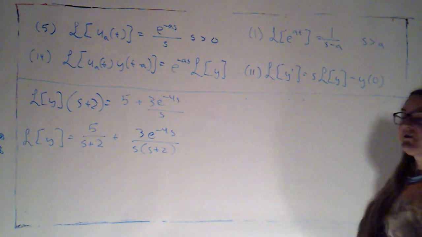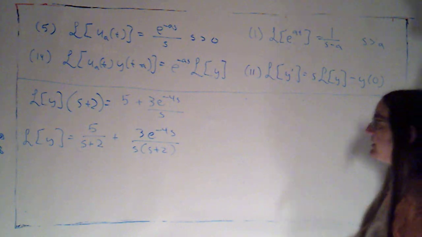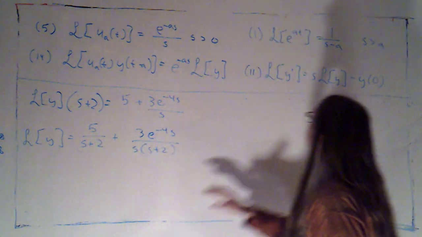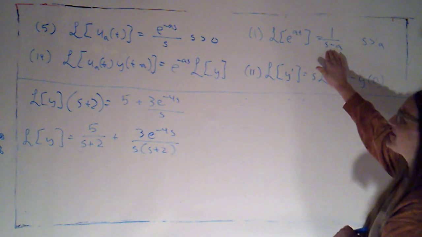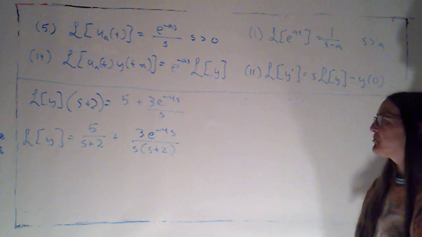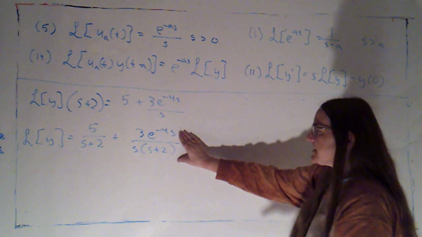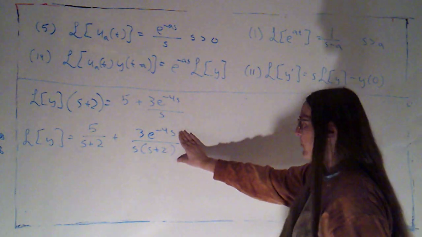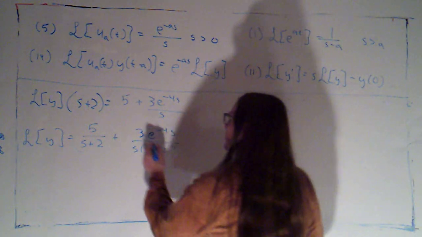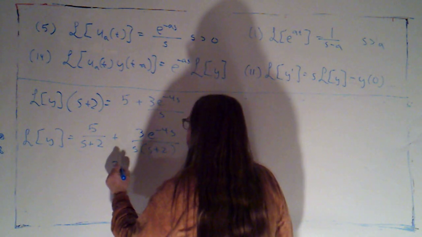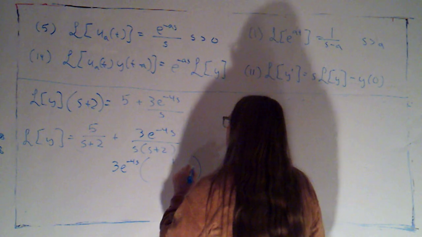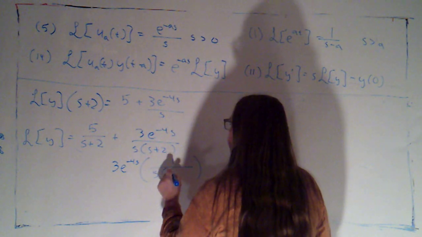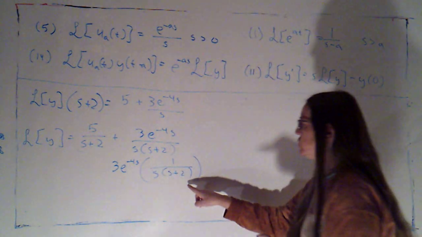I want to be able to now take the inverse transform. So I like the way this piece looks, because that looks like the right-hand side here. Well, 5 copies of it. So I'll be able to use rule 1. This piece I think I'm going to want to rewrite. Okay. So probably I'm going to want to rewrite that as 3e to the negative 4s times 1 over s times s plus 2.